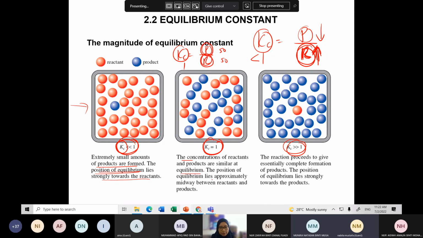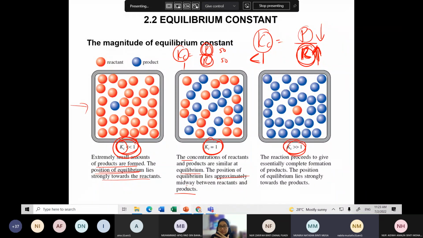The position of equilibrium lies approximately midway, maksudnya dia tengah-tengah between reactant and product. Dia tak favor macam yang tadi, dia favor to the left, producing more reactant. That's why value dia dapat less than 1. But this one, dia tak favor mana-mana, dia tak bias, dia midway. Produce reactant, produce product.